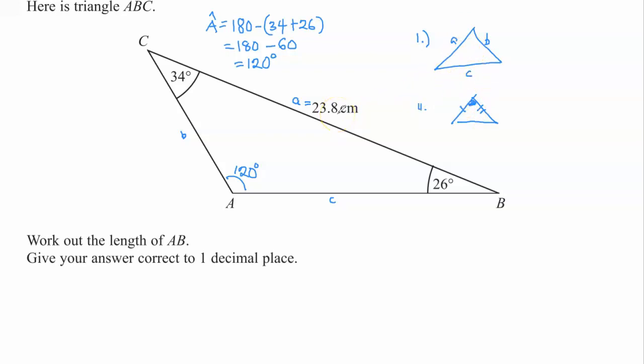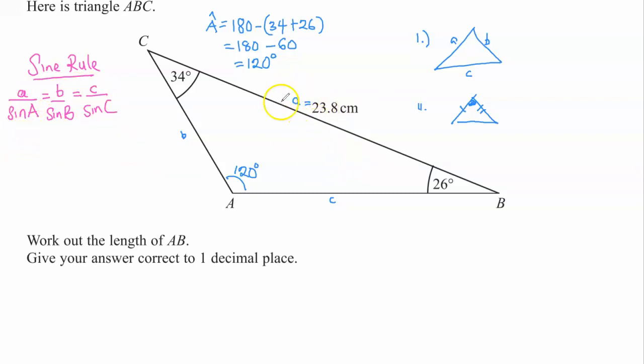So what's the sine rule? The sine rule states that given a triangle ABC, a over sine A is going to be equal to b over sine B, which is also going to be equal to c over sine C. As I mentioned earlier, these lowercase letters are the sides, while the uppercase letters are the angles.